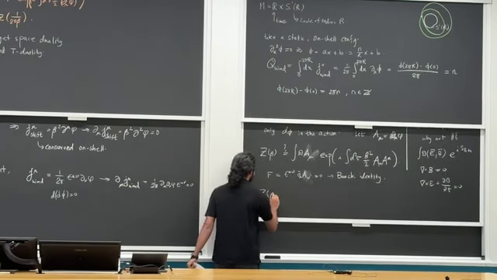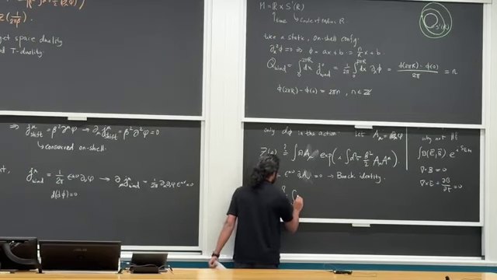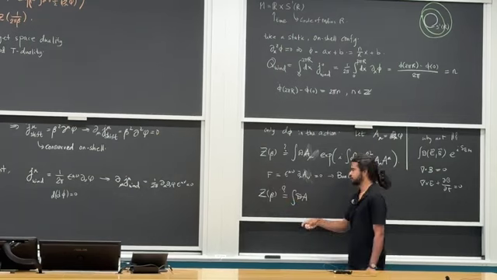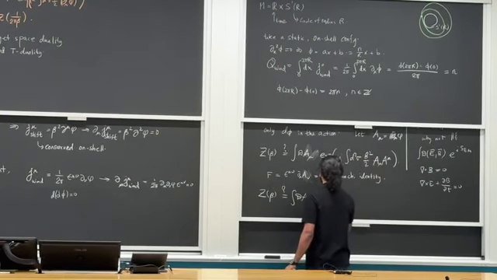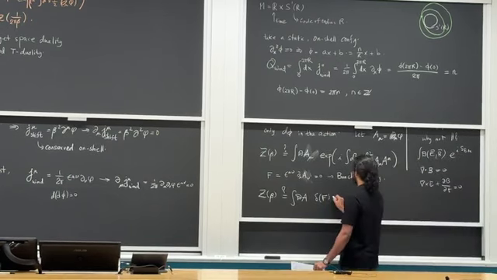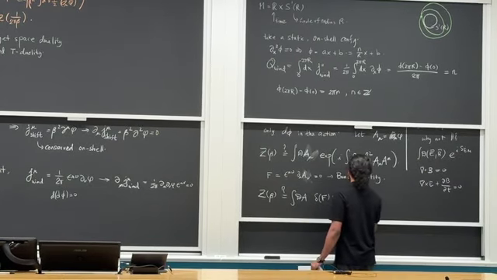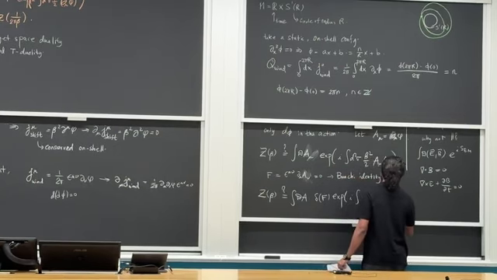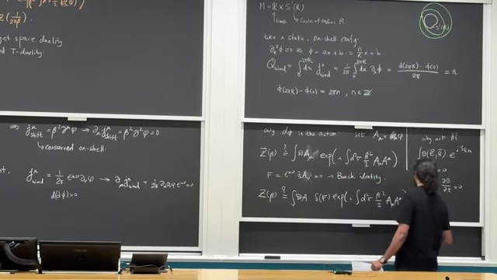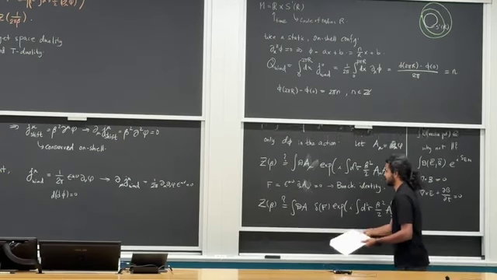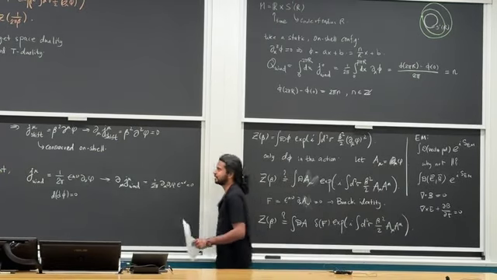So I'm going to try this Z beta, this integral over A, and I want to ensure that F is 0. So delta of F is a functional delta, an infinite dimensional delta function, times exponential of i d2 sigma beta squared by 2 A mu. Maybe that's better than what we had before.